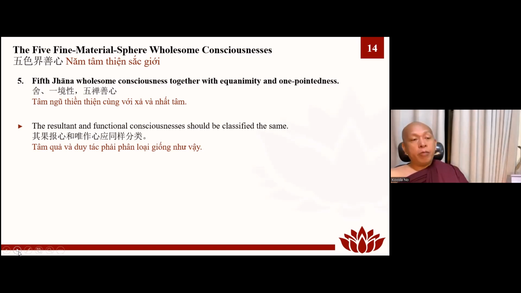Then again, when we talk about the characteristics, function, manifestation, proximate cause of these jhanas, it will be the same as wholesome. That's why here I don't mention anything about the jhana characteristics, function, manifestation, proximate cause.